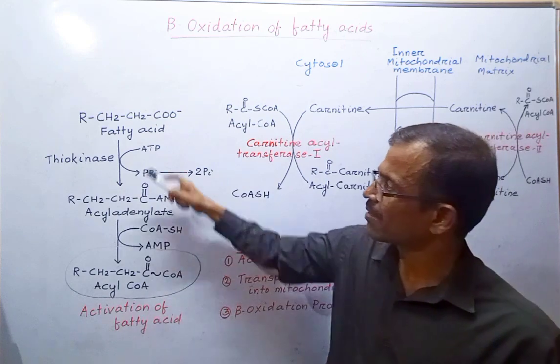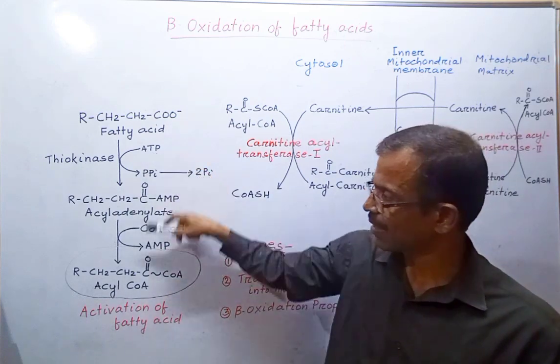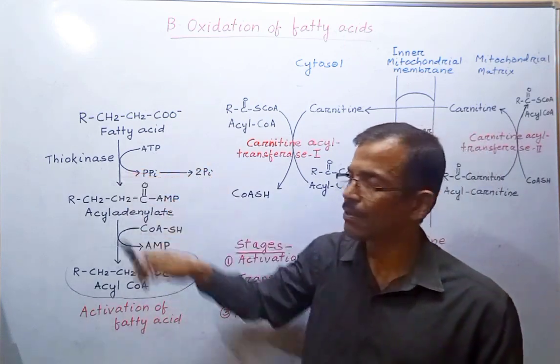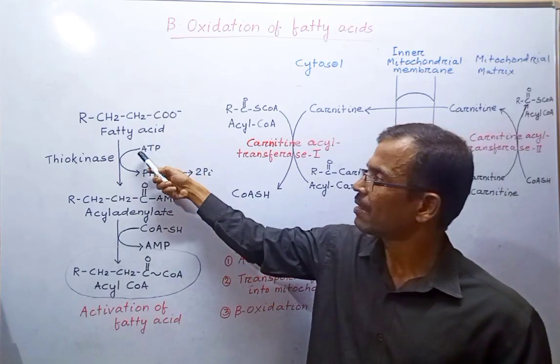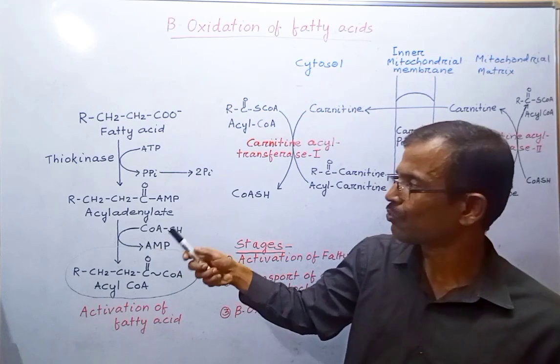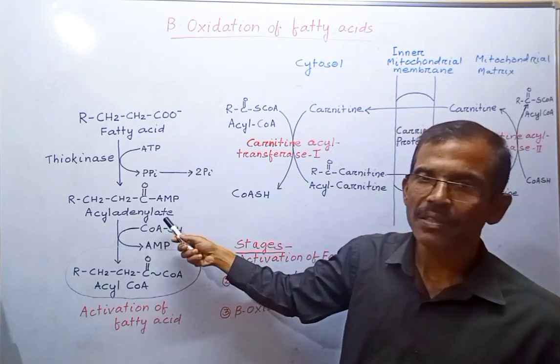This takes place in 2 steps. Both the steps are catalyzed by the enzyme thiokinase. In the first step, fatty acid reacts with ATP to form acyl adenylate.